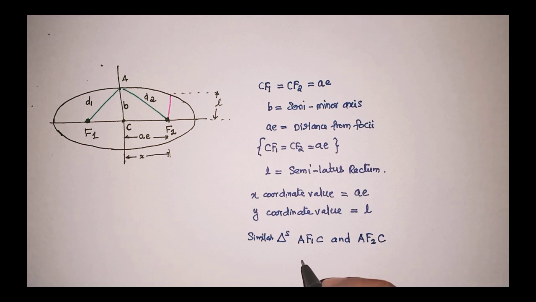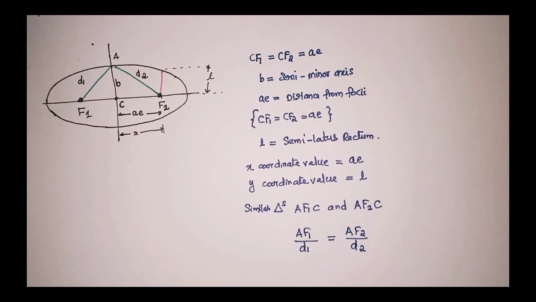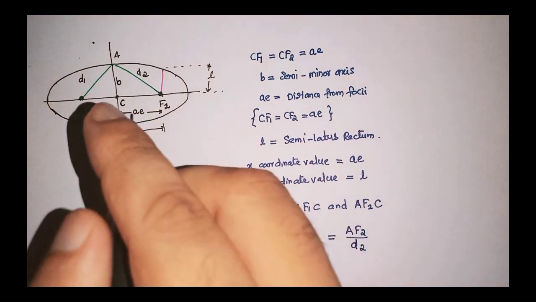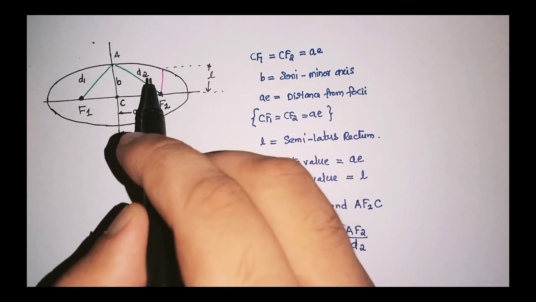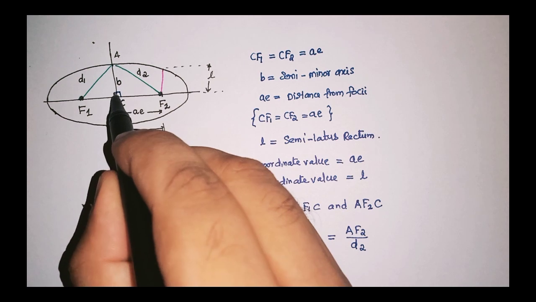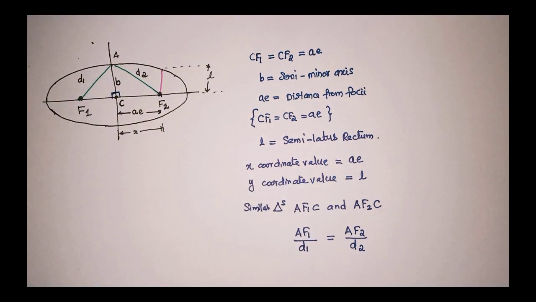If you write here, AF1 divided by D1 is going to be equal to AF2 divided by D2. That is the meaning of similar triangles. This is because the center at 0, 0 divides it equally, 50-50, so this angle is 90 and this is also 90. This is very evident from the geometry.